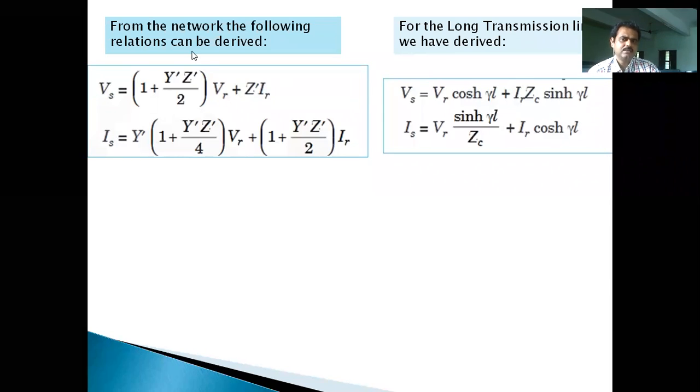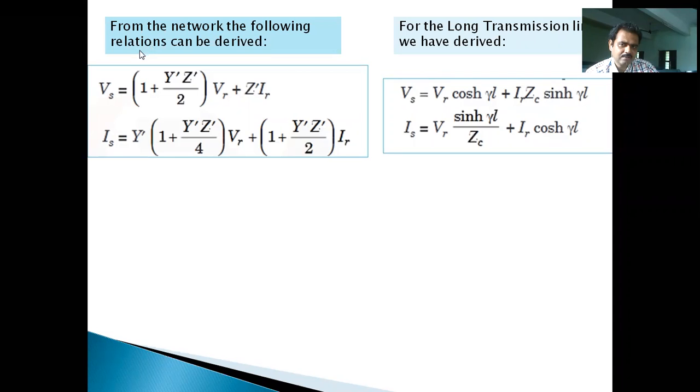So these are the equations obtained from the equivalent pi model, and these are the equations obtained from the rigorous method. Both sets of equations are for the same long transmission line.